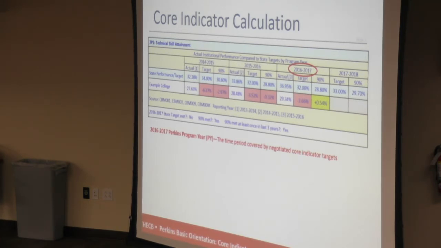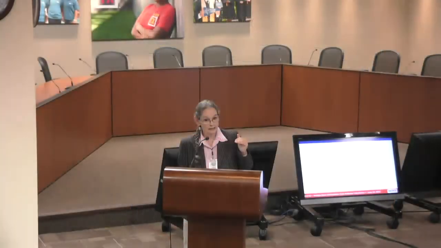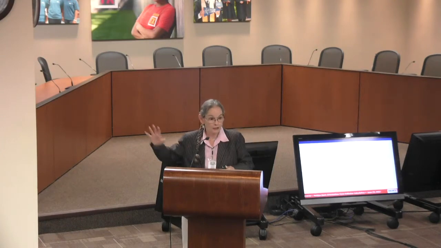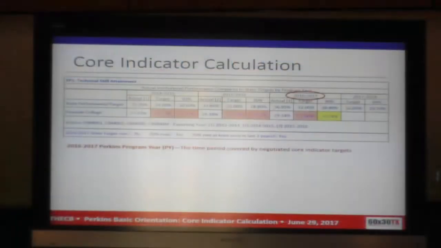A Perkins program year is the time period covered by a set of federally negotiated core indicator targets. Now, institutional reporting and activities that take place in a concurrent academic year have no impact whatsoever on a Perkins program year.